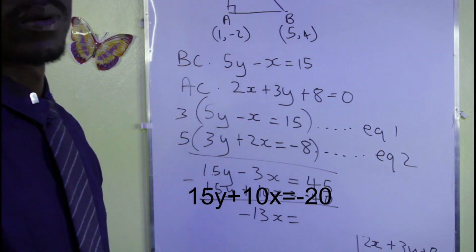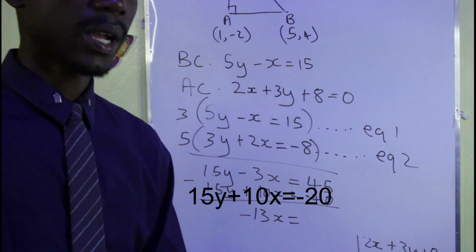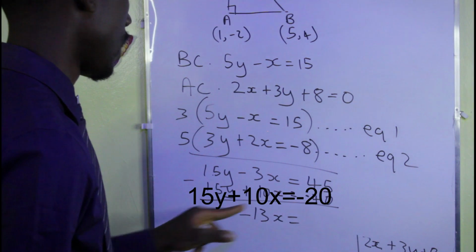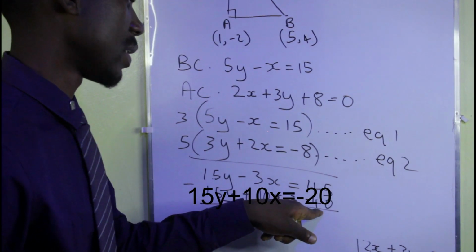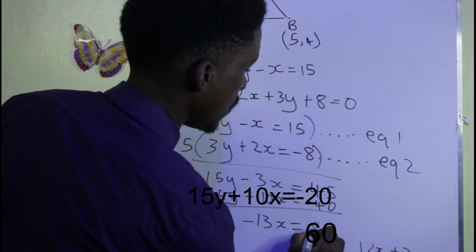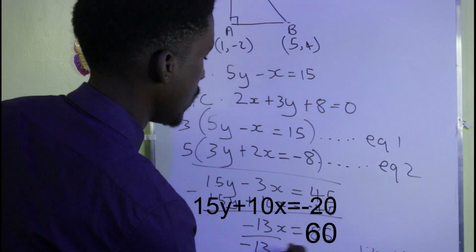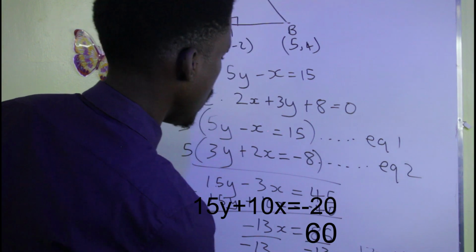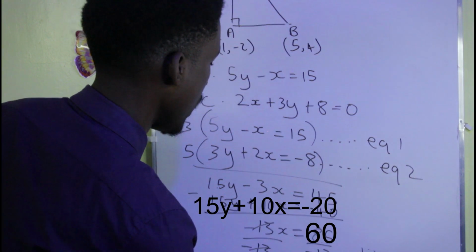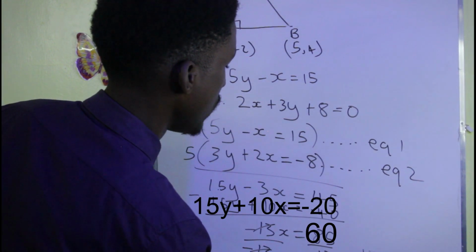We all know negative multiplied by negative becomes a positive. Now 45 plus 85 over negative 13, over negative 13. Now we'll have our x as negative 5.